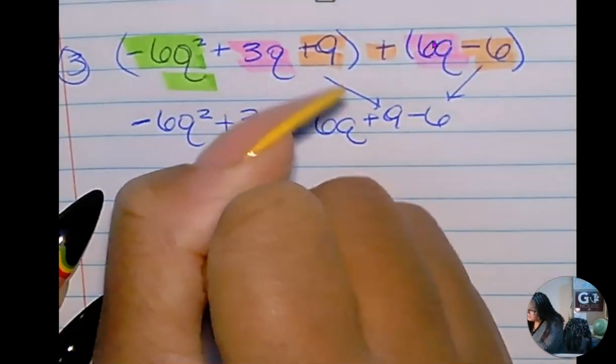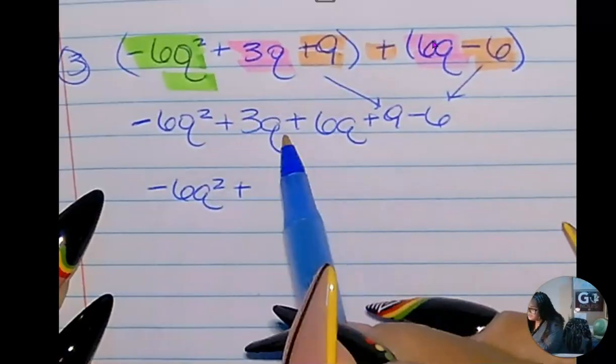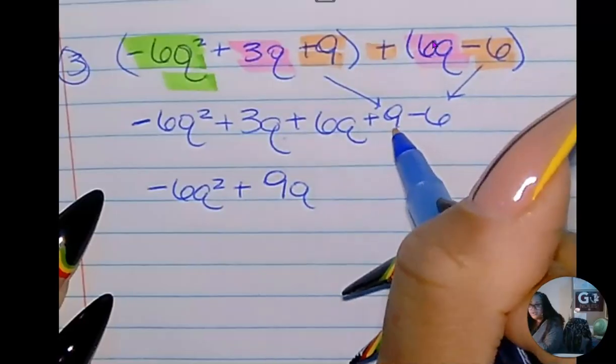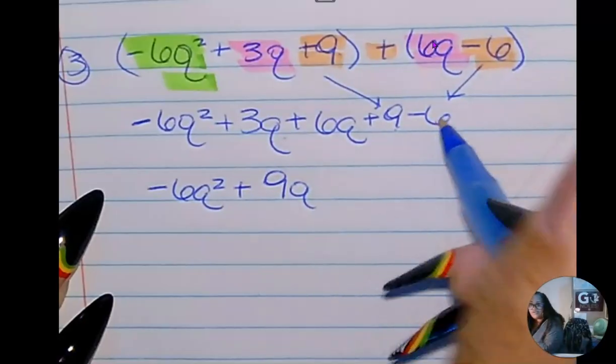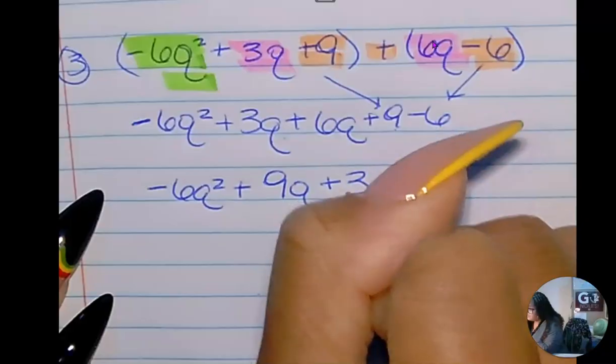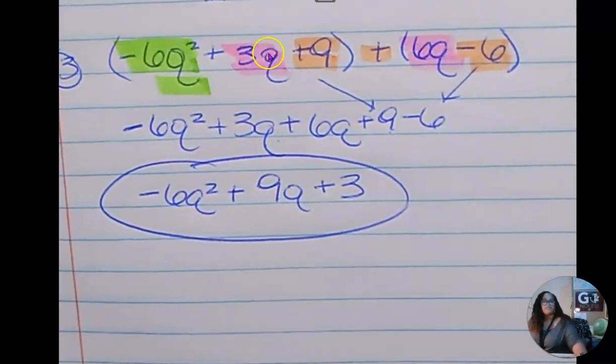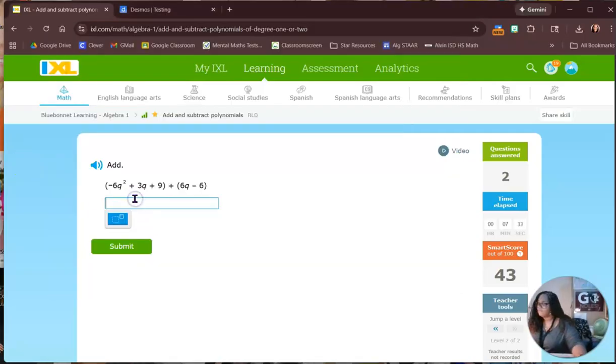Negative 6q squared plus, put these q's together, you get 9q, and then put 9 and negative 6 together, and you get positive 3, and that's my final answer. So go back to IXL, type in negative 6q to the second power plus 9q plus 3.